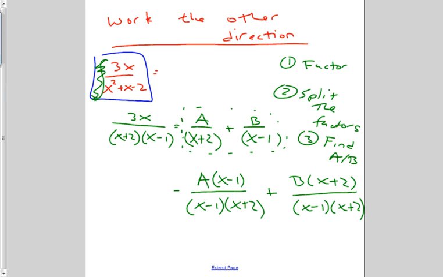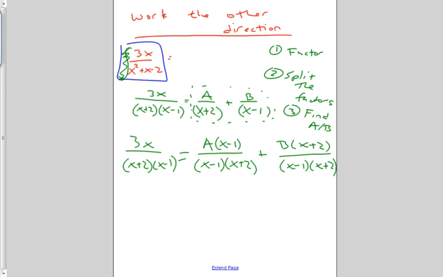And this needs to equal 3x over x plus 2, x minus 1. So what we can do is further simplify. If we look at the numerator, 3x must equal Ax minus A plus Bx plus 2B. And it might be simpler on the left-hand side to think of this as 3x plus 0.